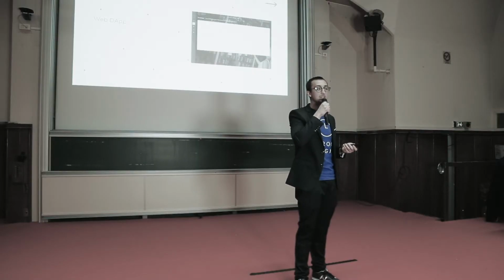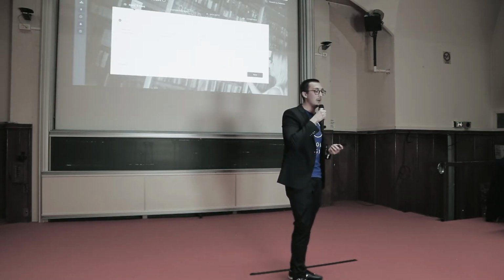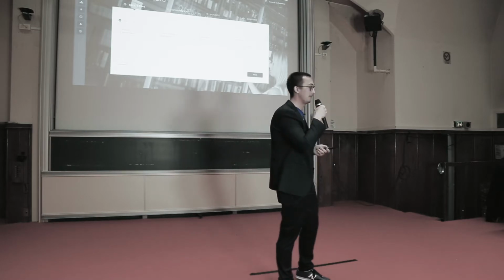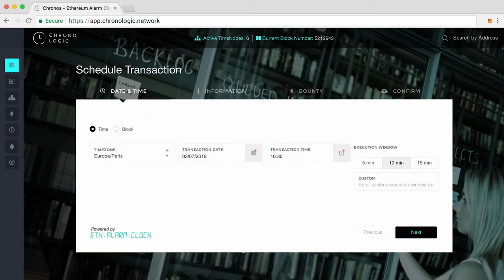And now I'll give you guys a quick demo of the front-end app we've been building to kind of make this a lot easier for just your general users. So here's the flow to schedule transactions. So this would be using timestamps. We've made it easier by just putting in a time zone and then converting that to a timestamp on the back end.